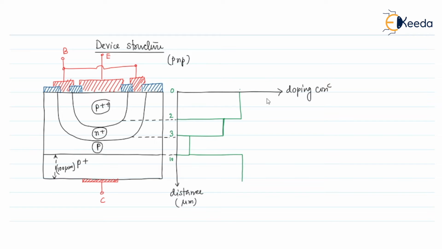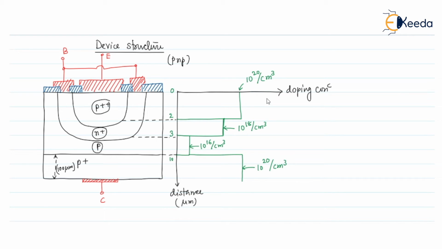So let us take some values. In the emitter, the doping concentration is of the order of 10 to the power 20 per centimeter cube, and in the base region it is of the order of 10 to the power 18 per centimeter cube, and in the collector region it is of the order of 10 to the power 16 per centimeter cube, and at the P plus region it is of the order of near about 10 to the power 20 per centimeter cube.